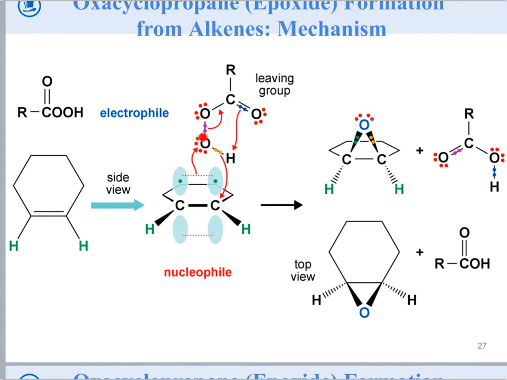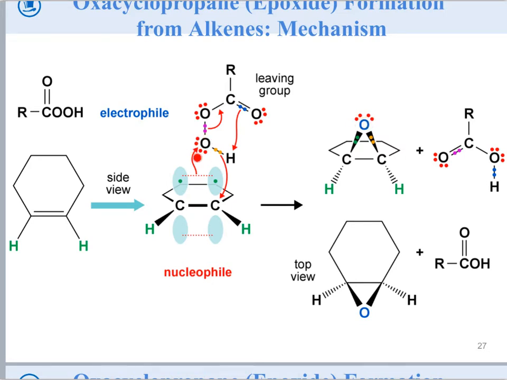At the same time, the OO bond breaks, forming a new pi bond between carbon and oxygen. The original pi bond between the carbon and oxygen goes for the H, and those electrons between the O and the H go for the other carbon. So we have 1, 2, 3, 4 arrows being moved, and 4 different bonds being formed. So keep track of these.